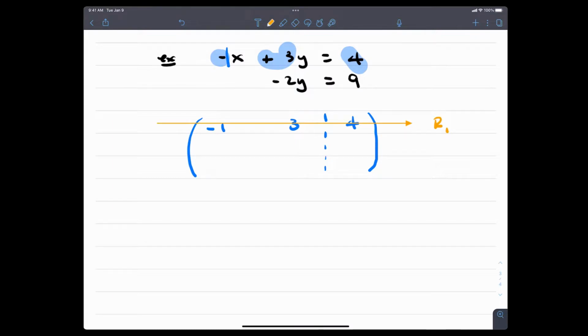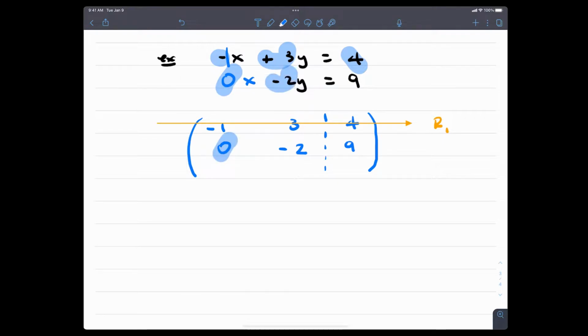Okay, now row 2. This is really easy if you're awake. What do we have here? 0x. So what do we put here? 0, negative 2, and 9.